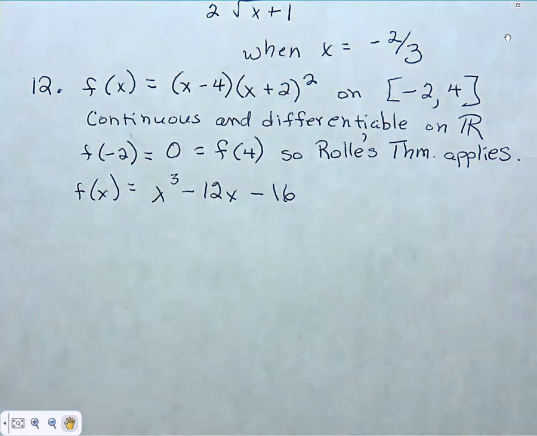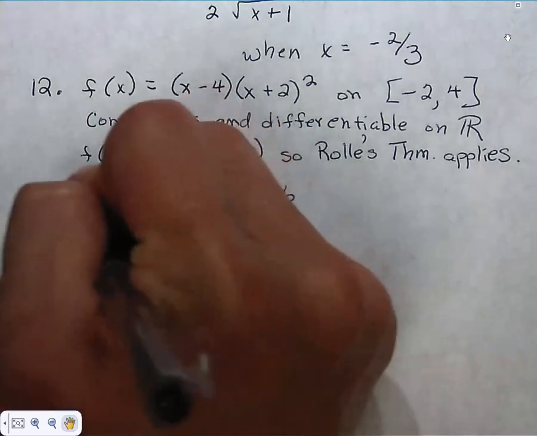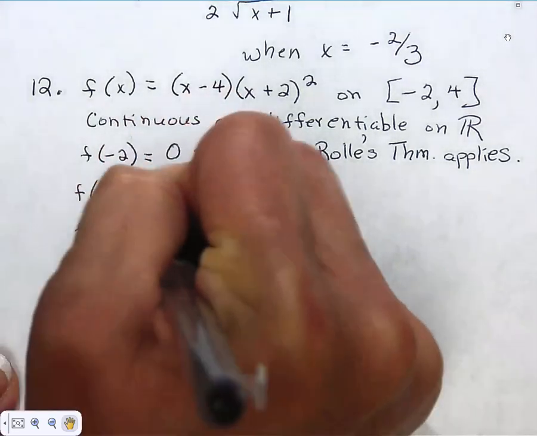Make it easier for you to differentiate. That's from just multiplying x plus 2 times x plus 2 times x minus 4, which I figured would be just as easy as using the product rule. So find the derivative and find what makes it 0.